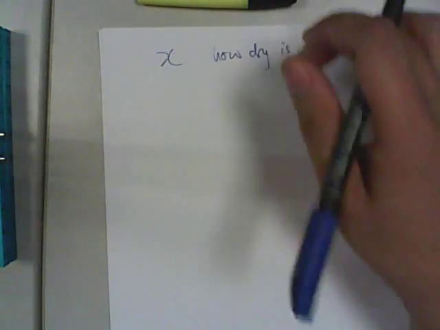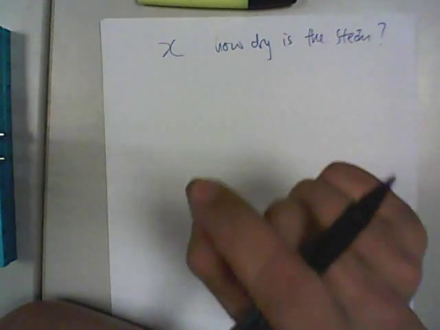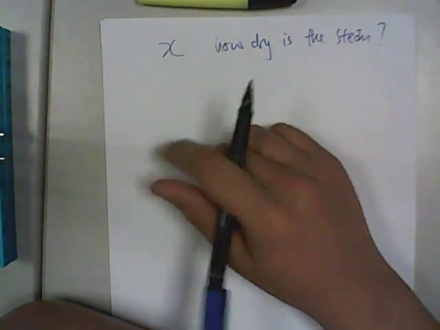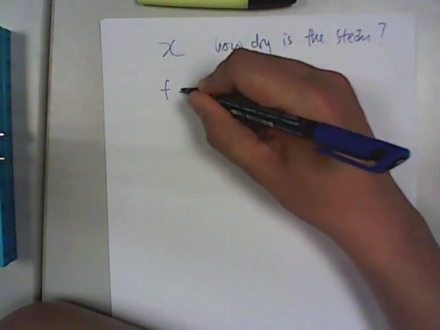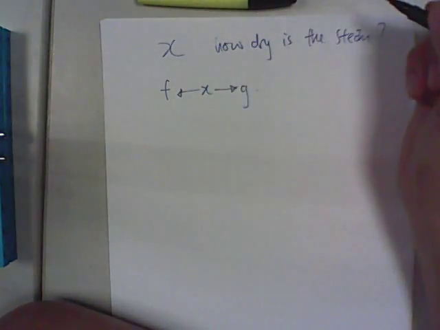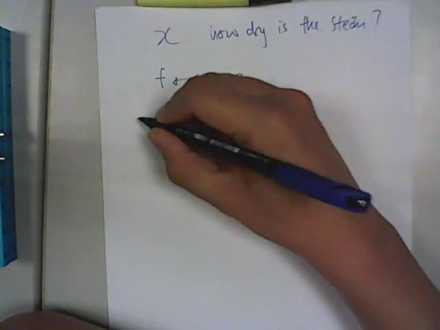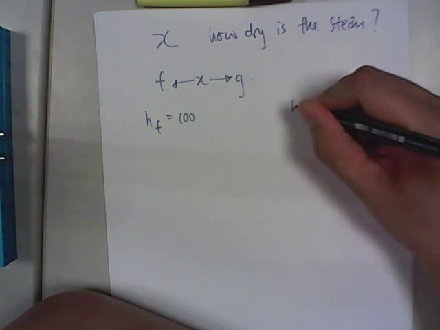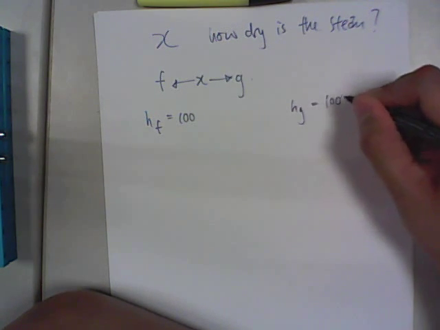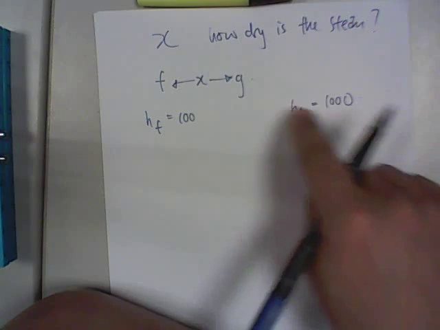Once you know the fraction between 0 and 1, how do you use it? With this fraction, I know that the point we're talking about is somewhere under the hill, and we have f values and g values, and x is somewhere in between. So how do we find the value? For example, say hf is 100 and hg is 1000, so the enthalpy will be between 100 and 1000.